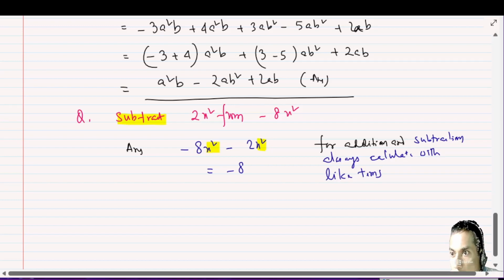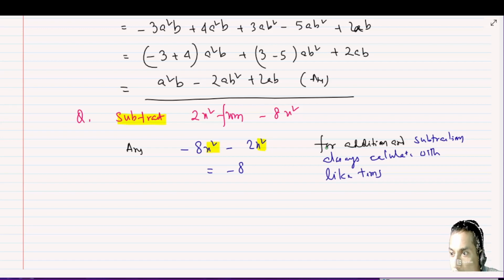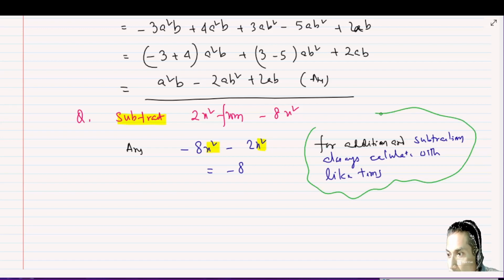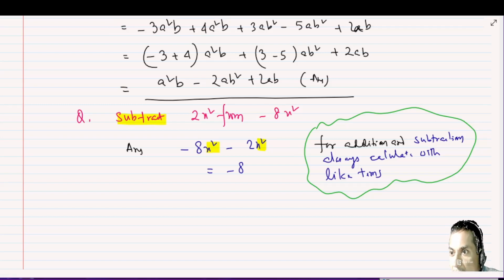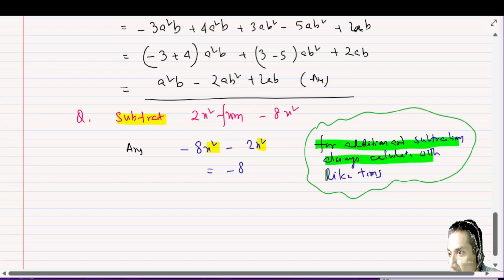Clear? Without like terms, calculation is not possible. You cannot add or deduct something without like terms. Is it clear? So first you have to identify the like terms. If they are not like terms, then you can't do anything.